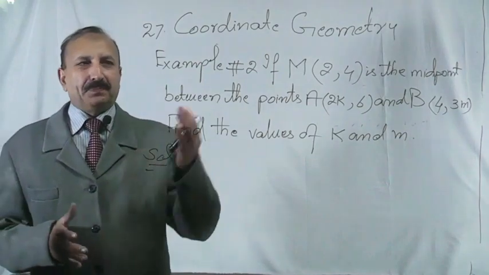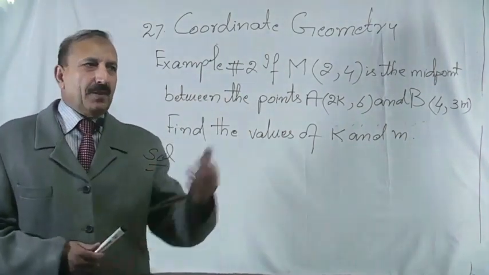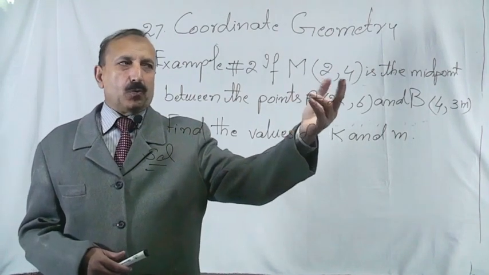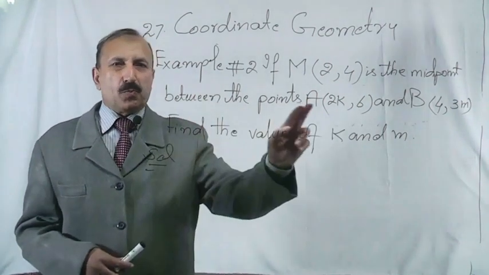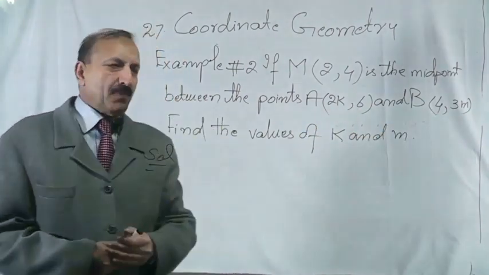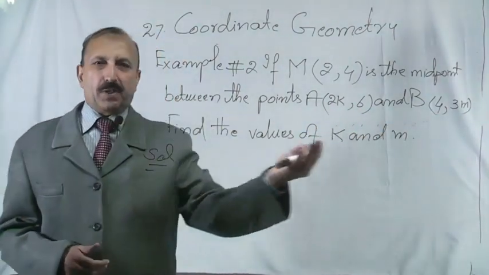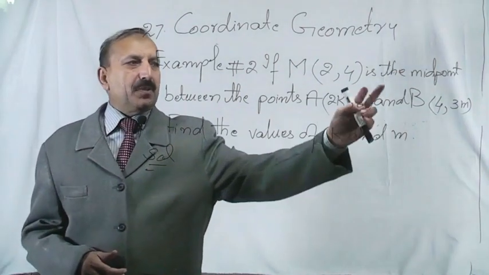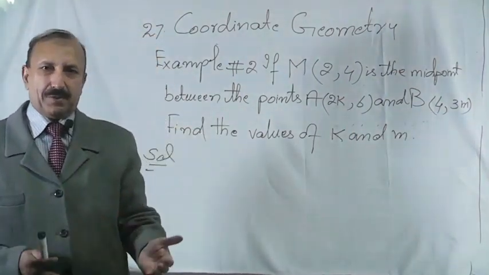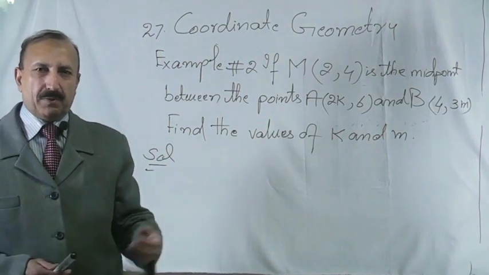Let's have, my dear students, example number 2. If M (2, 4) is the midpoint between the 2 points, point A and B, with their coordinates given, we have to find the values of the unknowns k and m that are present in points A and B. This is a little application of the midpoint.